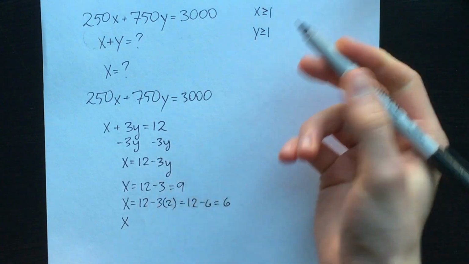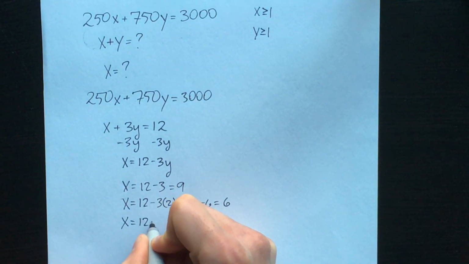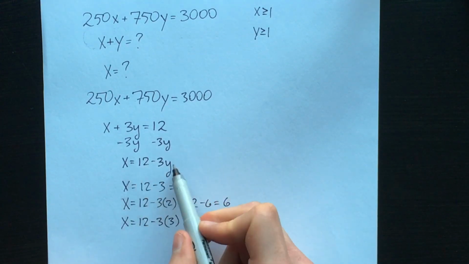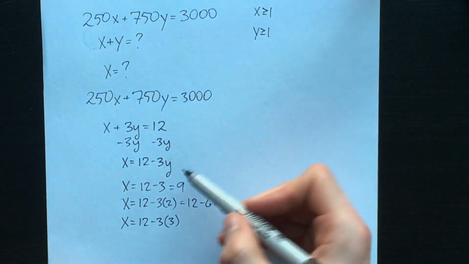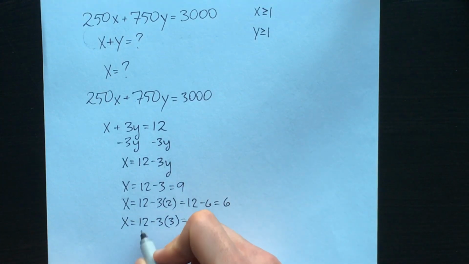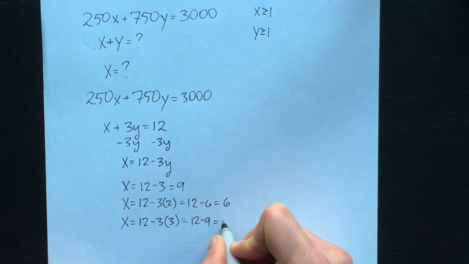What if there were 3 big bonuses? You would do x equals 12 minus 3 times 3. Again, I'm just plugging different y's in right here, because we're just saying, what if there were 3 $750 bonuses? You would get 12 minus 9, which is equal to 3.